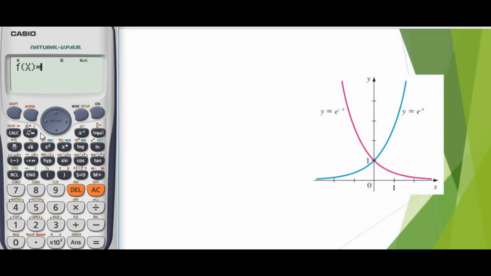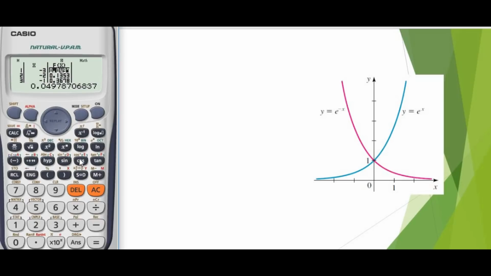Take note, for our f of x we will press shift, our e is somewhere here, e to the power of x, alpha x, equals. So again, we'll start with -3 and end with +3, and our step is 1.